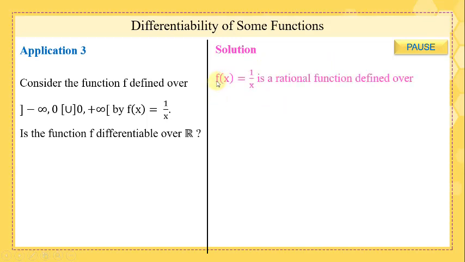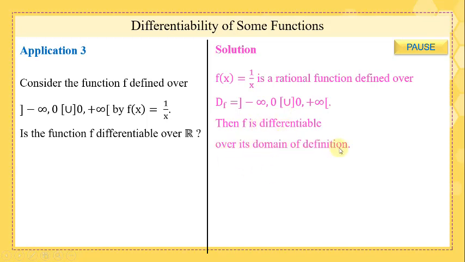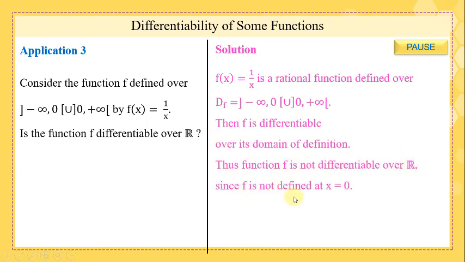Okay. F of x equal 1 over x is a rational function defined over its domain. Now we can say this function f is differentiable, but only over its domain. So this function is not differentiable over set R because simply it is not defined at x equals 0.